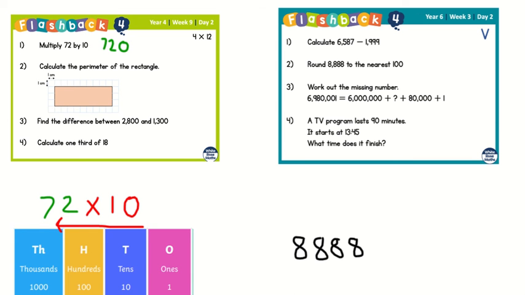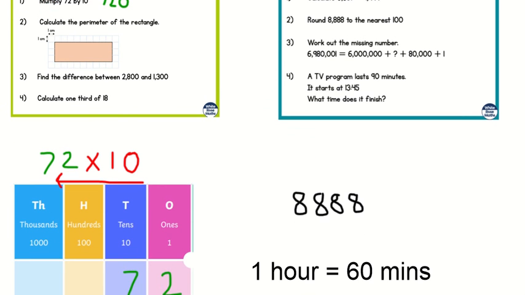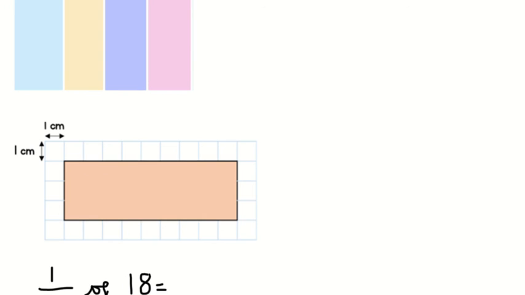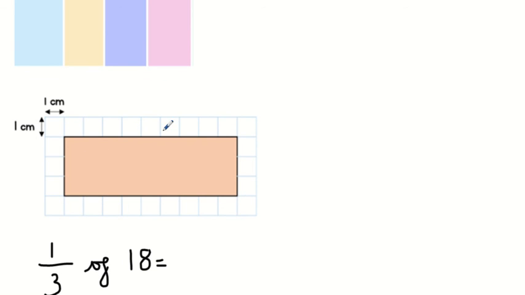Let's remind ourselves then for question 2 what the perimeter means. Now the perimeter is the space around the outside of an object. We're going to calculate the perimeter of this rectangle. Now you can see that each square represents 1 centimetre.